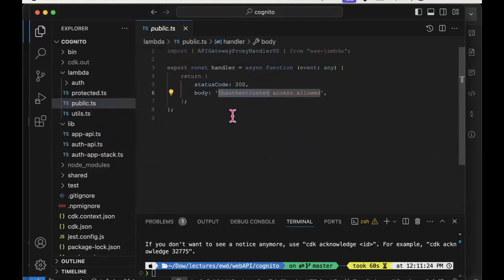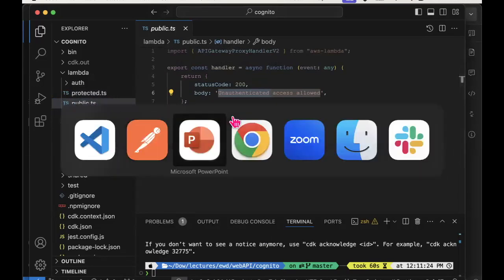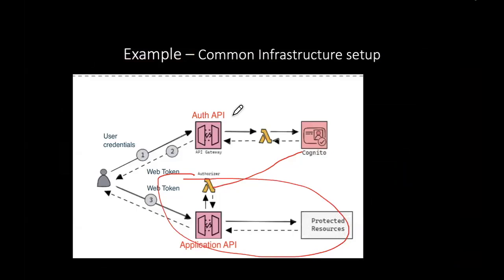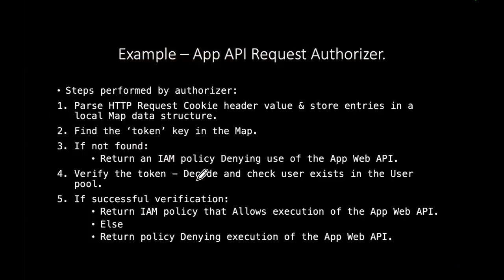Okay, now all that's left is, if I go to here, this authorizer, rather than stepping through the actual code itself, what I've shown on the slides is an explanation of the steps that it goes through.